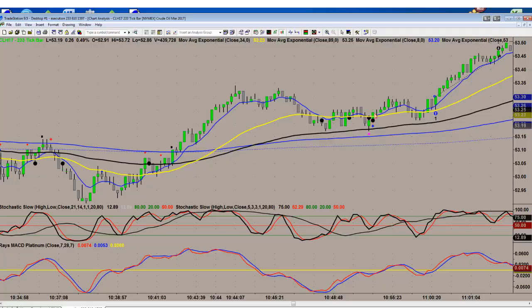Here's our correction within that trend, and the 8 is still above the 34, and we now have a T20-1 in the direction of the strong 89. Exactly right here. The 8 is above 34, which is actually what we're looking for, a T20-1.